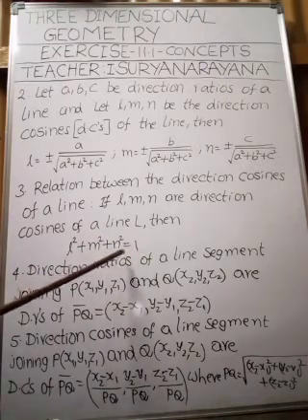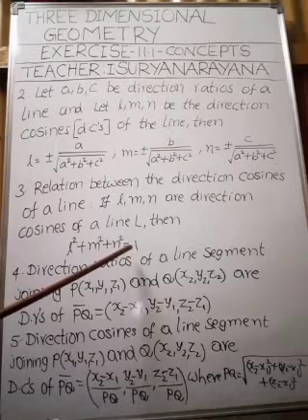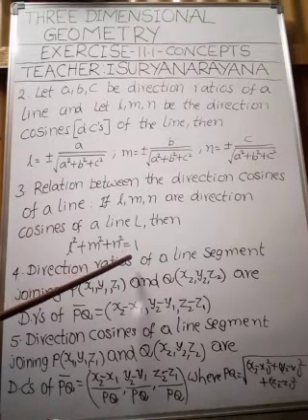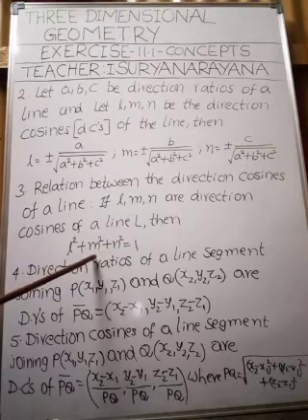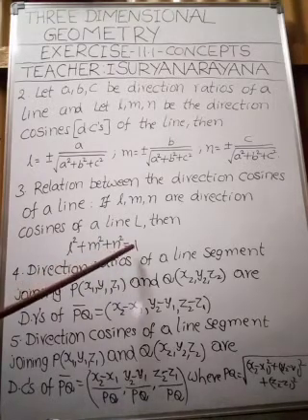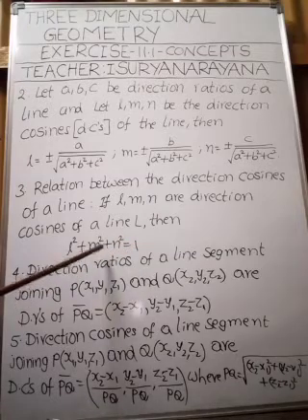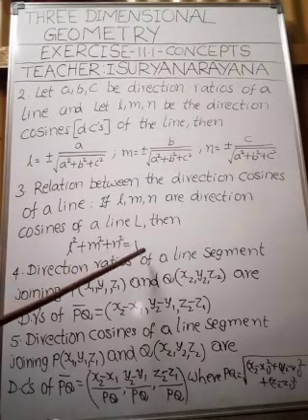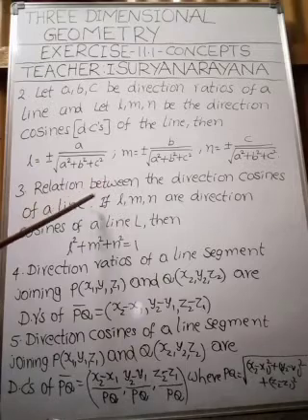This is also an important result. This result also can be used as a formula, so memorize this result also. L square plus M square plus N square is equal to 1 is said to be the relation between the direction cosines of a line.